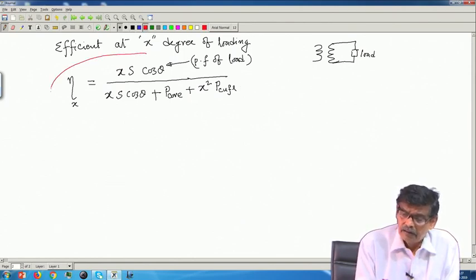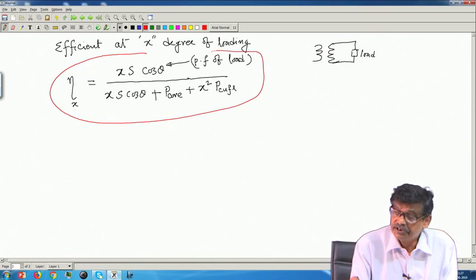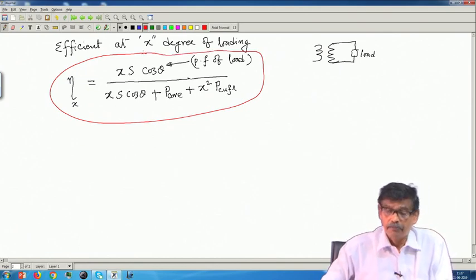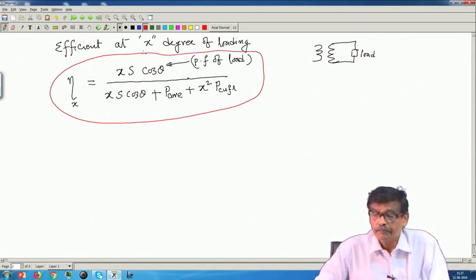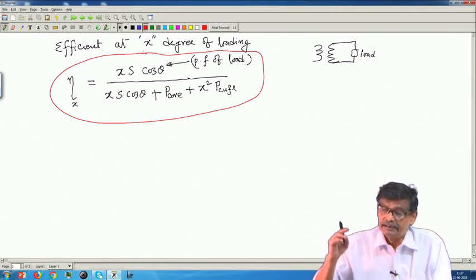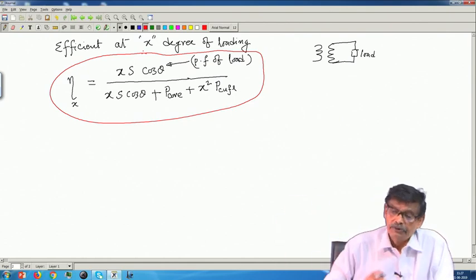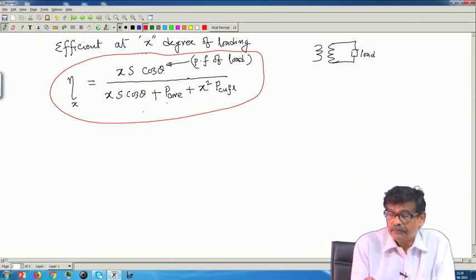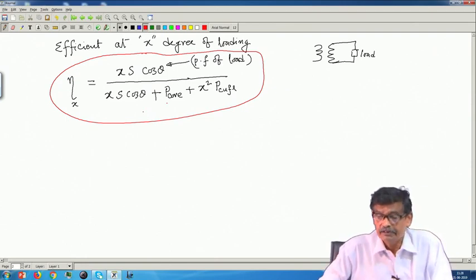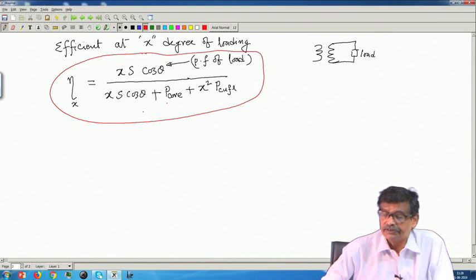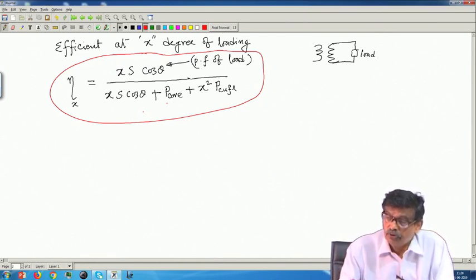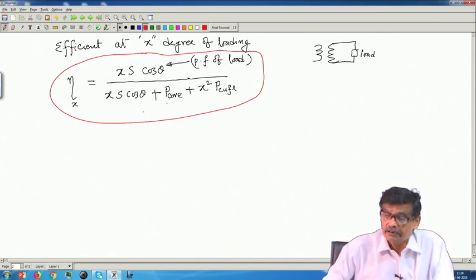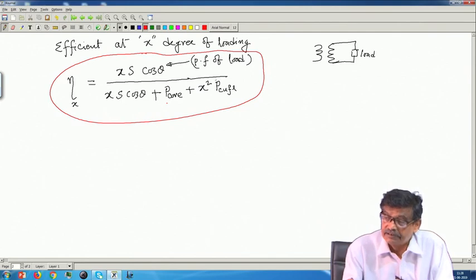Therefore, I can calculate the efficiency of a transformer at any degree of loading and at a given power factor of the load, because this P core is known to me from the open circuit test, and PCU full load is also known to me from the short circuit test.